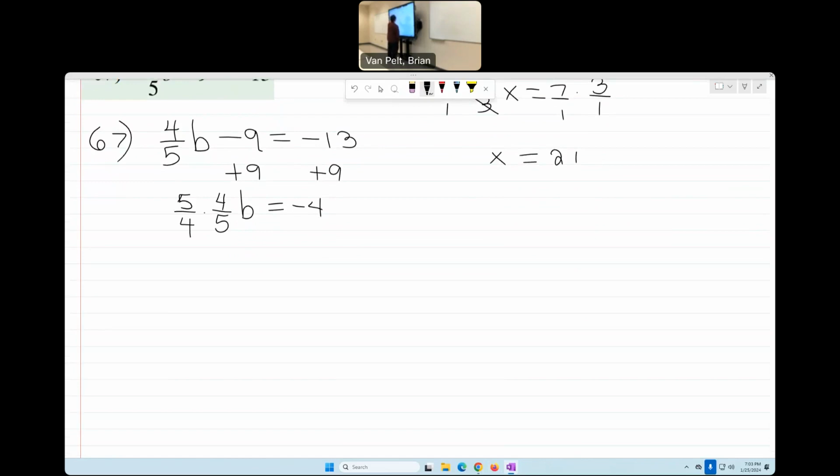And make sure you do it to the other side, so make this 4/1 and then 5/4. Now, what's the point of that? This cancels out all the way, leaving b by itself. And here, there's some simplifying that goes on too. I'm left with -5. Question?